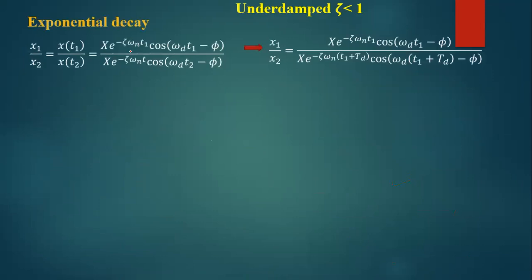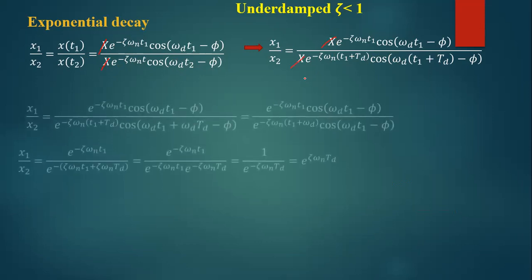So for amplitude 1 we have left X e^(-zeta omega_n t1) cos(omega_d t1 - phi) over X e^(-zeta omega_n t2) cos(omega_d t2 - phi), which implies we can remove these constant terms.